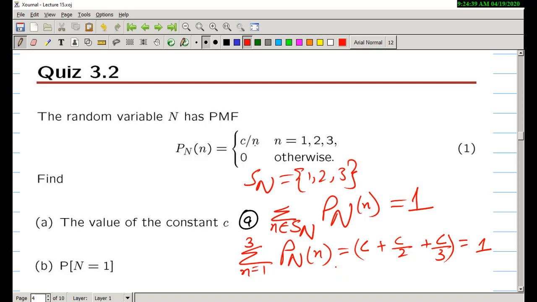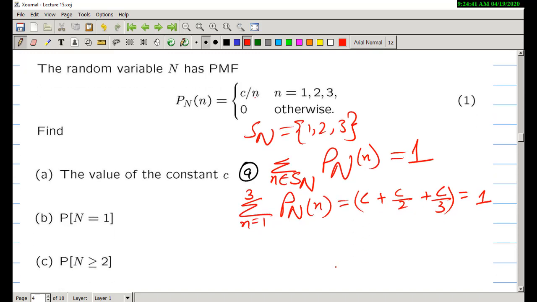Now we can solve this very easily. We take C common: C times (1 plus 1 by 2 plus 1 by 3) equals 1. So from here we find C, which will be equal to 6 by 11.